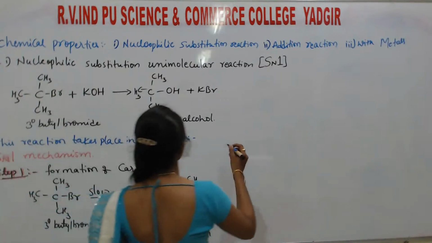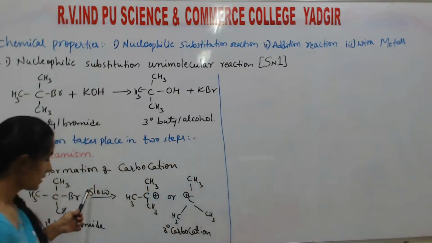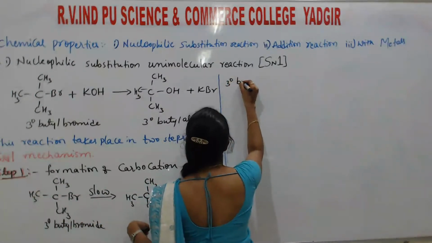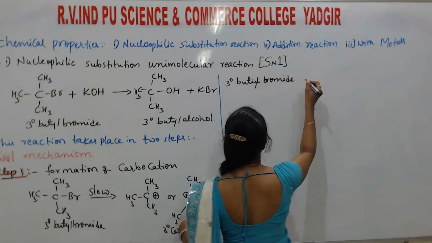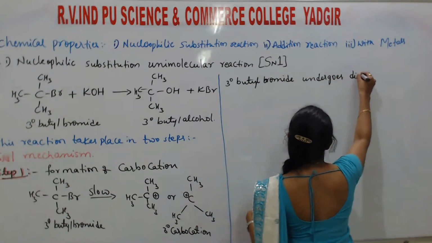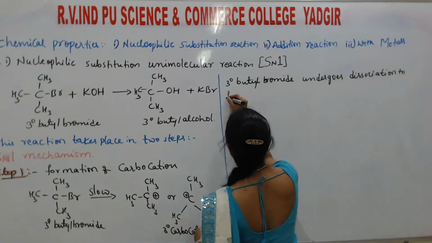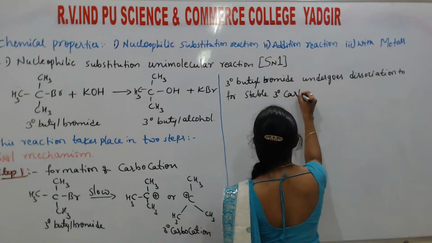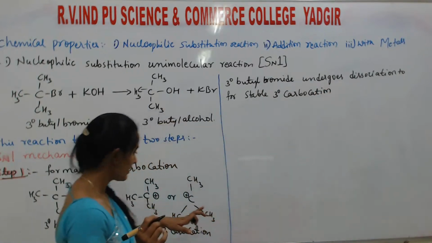Students, how to write the explanation: for SN1 step 1, tertiary butyl bromide undergoes dissociation to form a stable tertiary carbocation. This is the explanation.